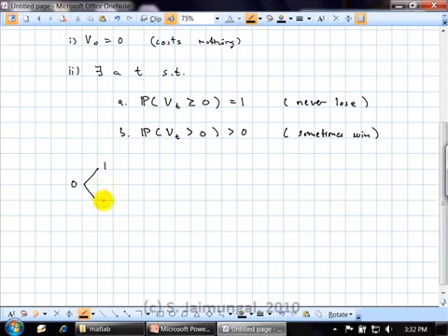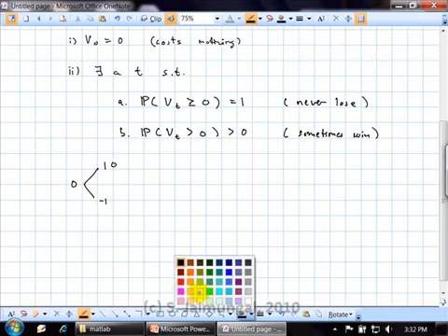It ends up being 10 there and minus 1 there. So I would ask, is a strategy that led to this value an arbitrage? The answer is no, clearly, because you lost in at least one scenario. So it violates part A. This is not an arbitrage.